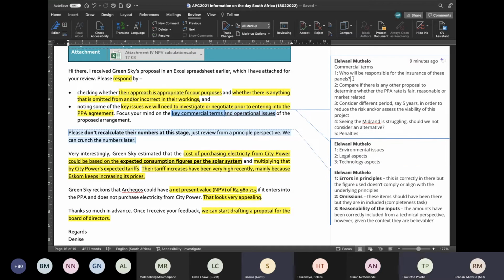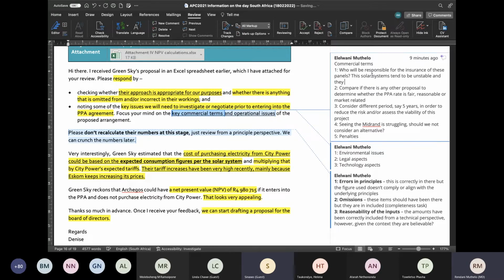And again, who will be responsible for the insurance? That is a good point. The person who came with this point really gave me the breadth and depth to say these solar systems tend to be unstable, and they might break down.